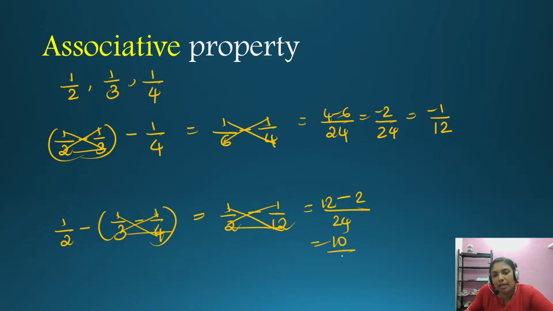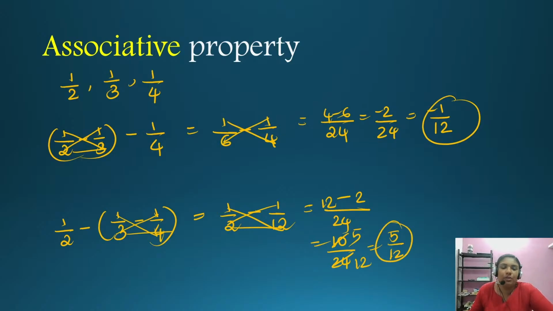That will be equal to 10 by 24. Now 2 5 is 10. 2 12 is 24. 5 by 12 is the difference. Negative 1 by 12 and 5 by 12. Entirely different numbers, right? So what can we infer from this? Subtraction of rational numbers doesn't satisfy associative property.